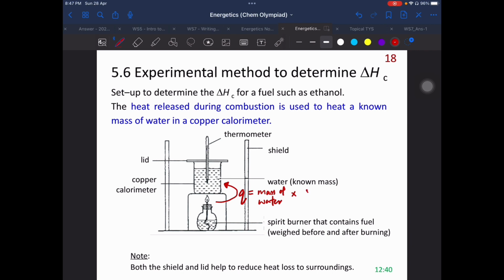I'll multiply by the specific heat capacity of water. And then based on the energy change, I will look at the delta T, which is the temperature change itself. Right, so all this will allow me to apply the same formula, but this time it is specific to the reaction between the fuel and the excess oxygen. So this is my combustion reaction.